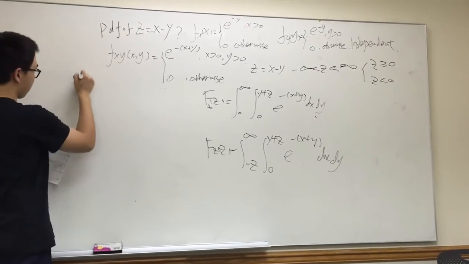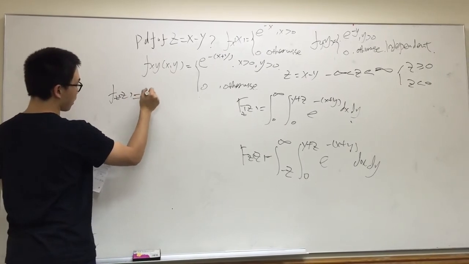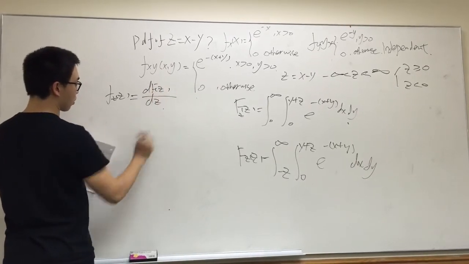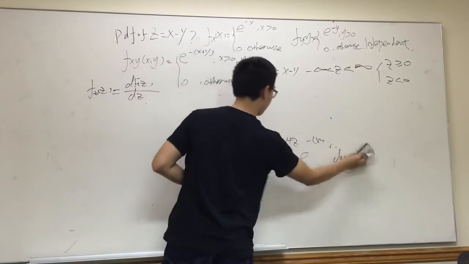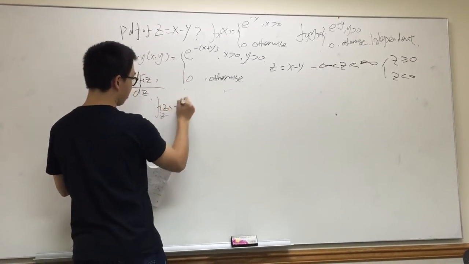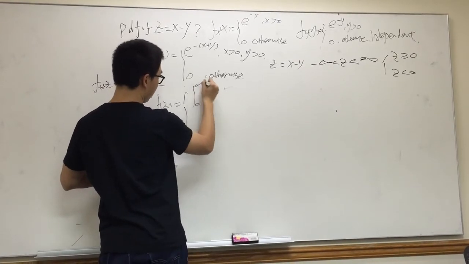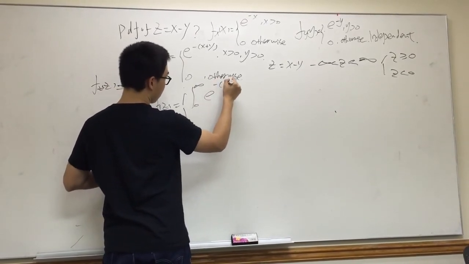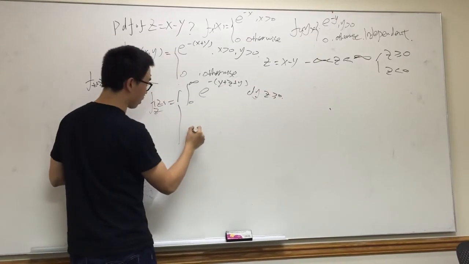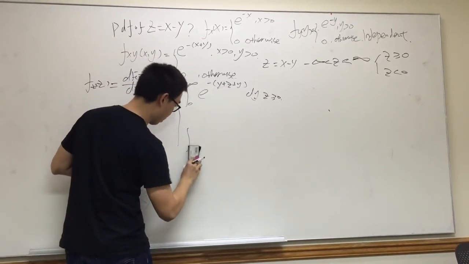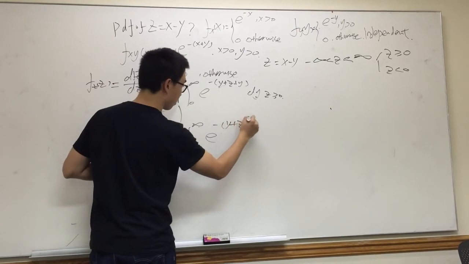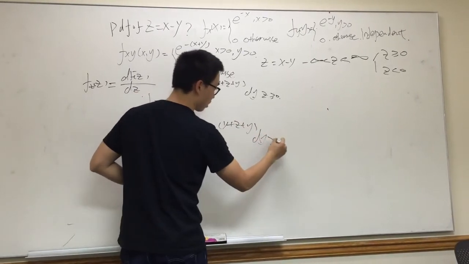Then using differentiation, we can find that the PDF of Z, f_Z(z), is the derivative of the distribution function with respect to z, and we can get that f_Z(z) equals the integral from 0 to infinity of e to the minus (y plus z) plus y dy when z is greater than or equal to 0, and the integral from minus z to infinity of e to the minus (y plus z) plus y dy when z is less than 0.